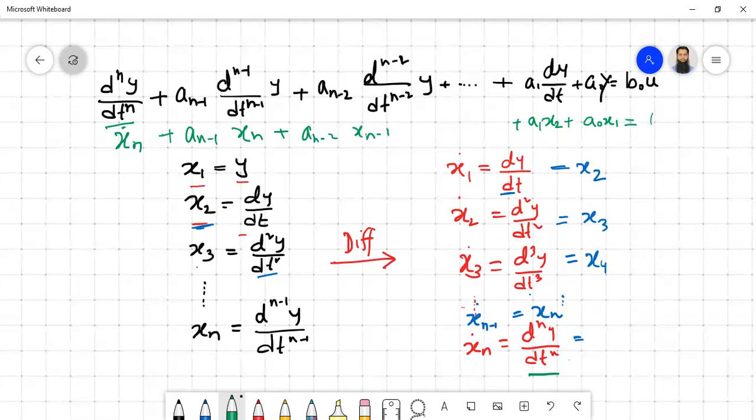Okay, so also b0. Now, as you can see, all these parameters will go to the other side, and we'll start from x1, x2, x3 in this way.